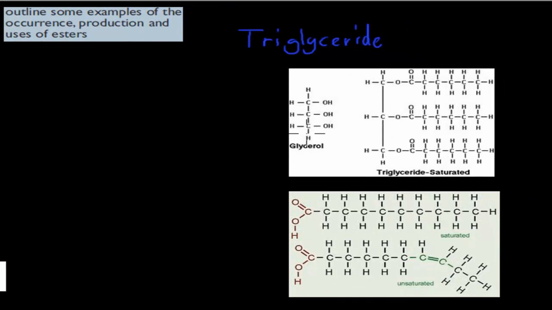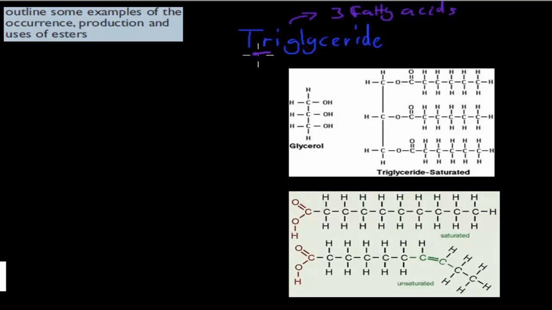Another example would be triglyceride. Again, some of you bio folks might remember this. Actually, you probably don't because we never really covered this much in class. But triglyceride refers to a molecule with 3 fatty acids, which are really important when it comes to energy production, joined together.